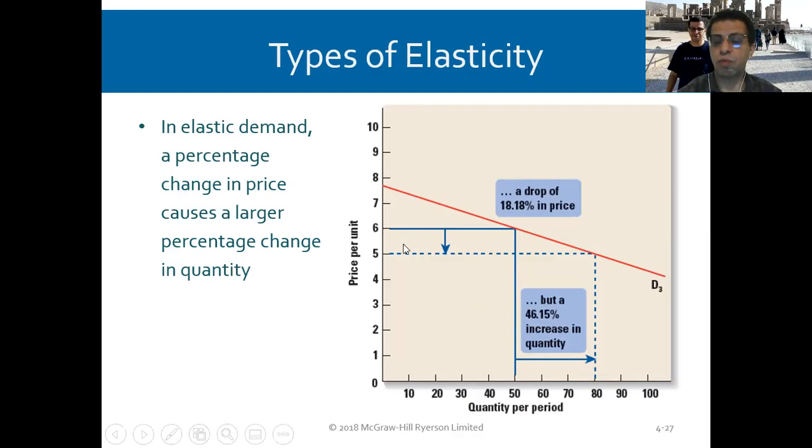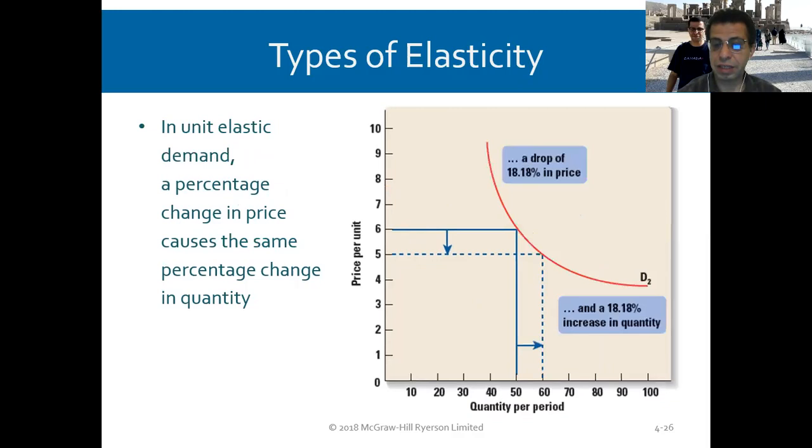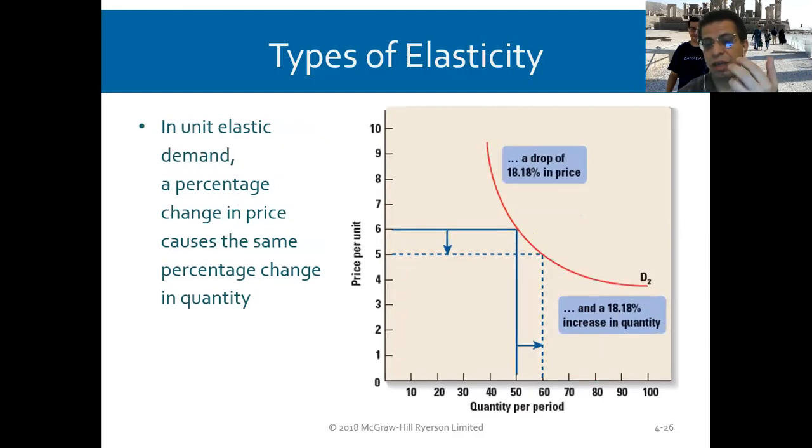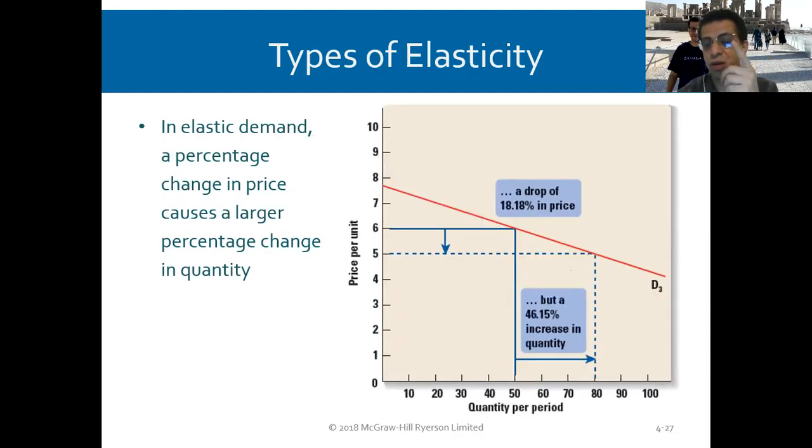So you drop $1, you have an 80% increase, almost 30 quantities. On inelastic, we saw you drop $1, you have an increase of 5 units demanded. Here, you drop $1, you have 30 units demanded.